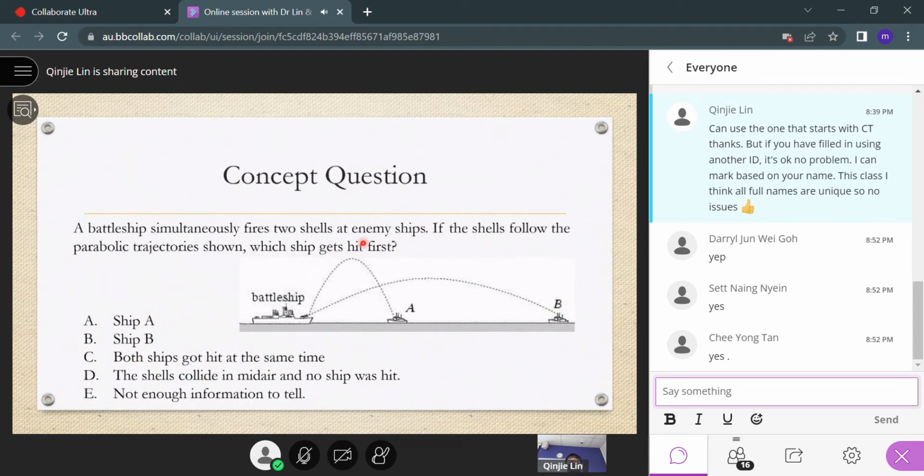Another concept question for you all to think about. A battleship simultaneously fires 2 shells at enemy ships. If the shells follow the parabolic trajectories shown, which ship gets hit first?